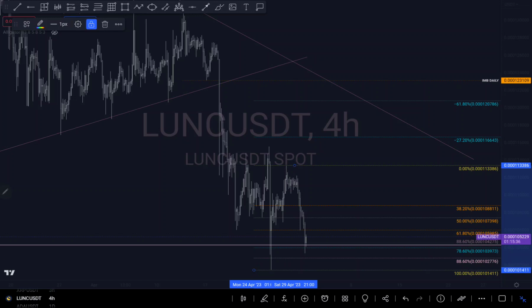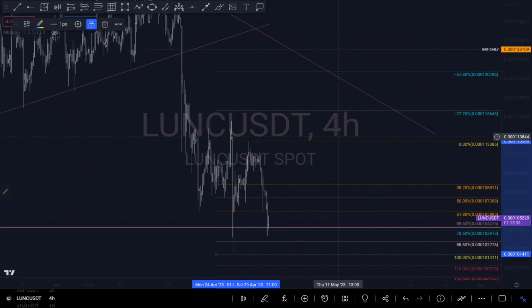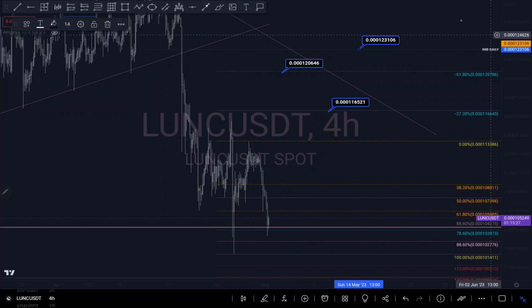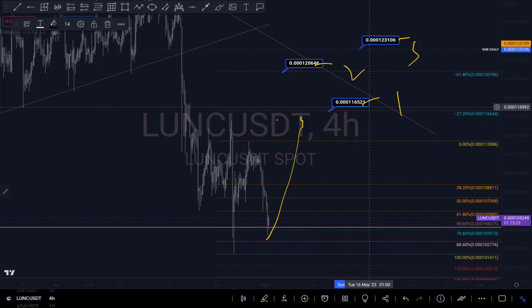So that's a possibility that we might push to the upside. So this will be my first target here, my second target here, and possible top target around this level. So the first target, second target, third target. Let's see how that reacts.